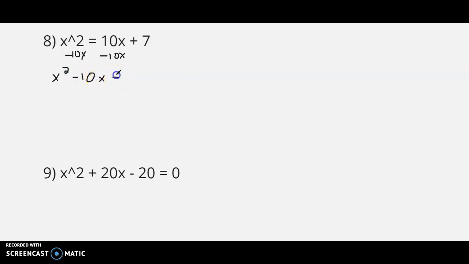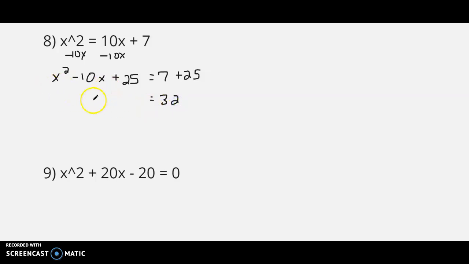I'm going to leave a space, still equal to 7. Then I take half of negative 10, which is negative 5, square it, which is 25. And then I need to also add 25 to the other side to keep the equation balanced. 7 plus 25 is 32.